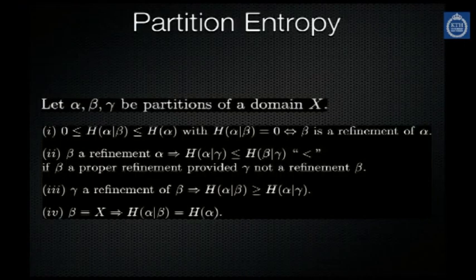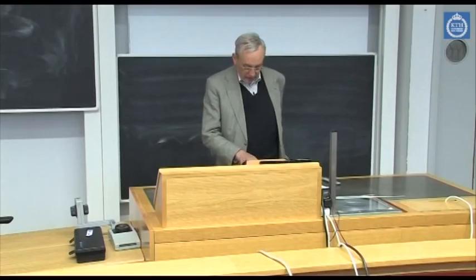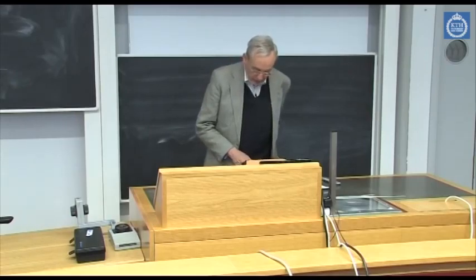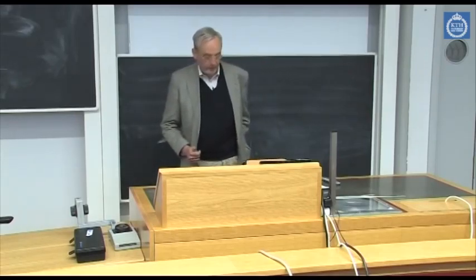Okay, there are other partial orderings. I won't read through all of the bullets on this list, but if there's time or as these things come up in the course of the lecture, we'll refer to these inequalities. And these are very standard information theoretic types of inequalities.